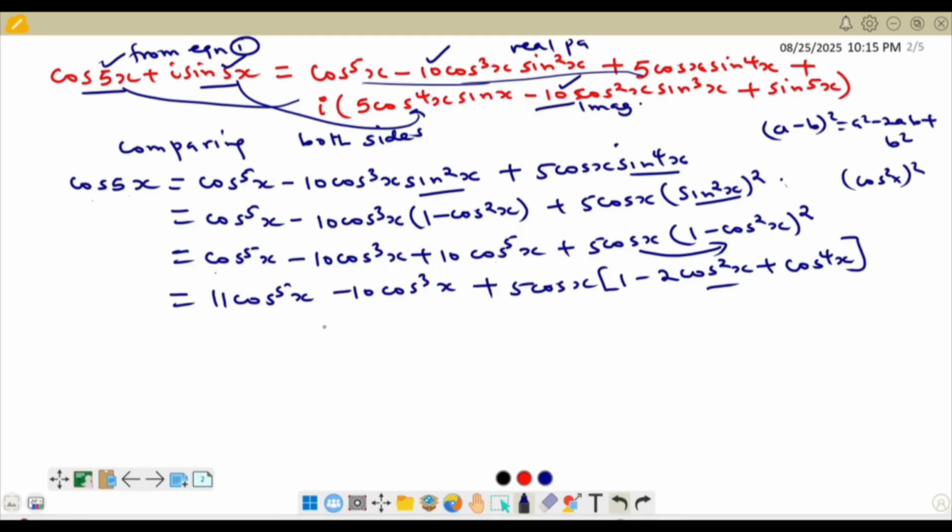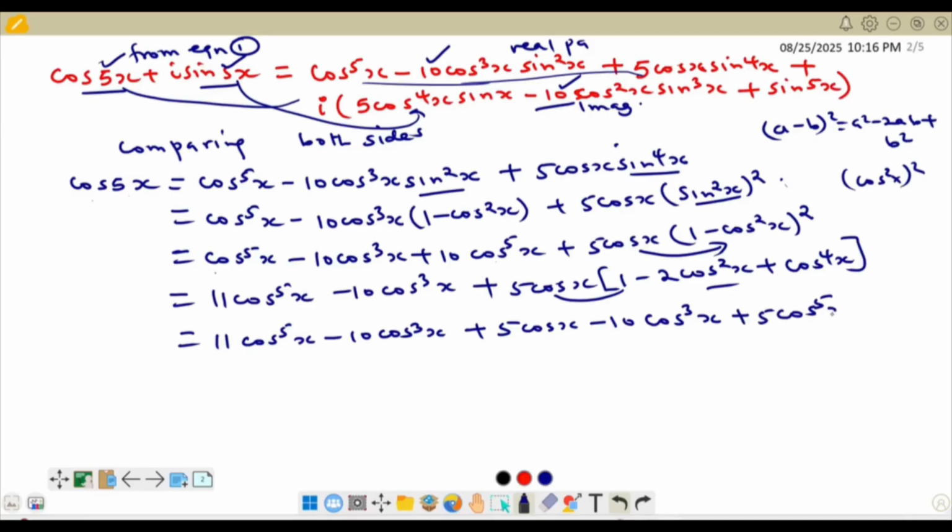So let us try to simplify this further to have 11 cos to the power 5 of x minus 10 cos to the power 3 of x, then plus, you multiply this one inside, 5 cos of x minus 10 cos times cos squared, that will be cos to the power 3 of x. Then this multiplied here will be 5 cos to the power 5 of x.